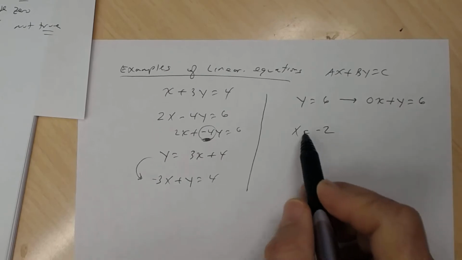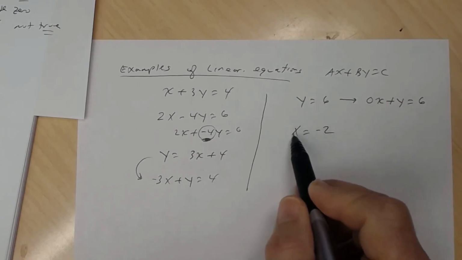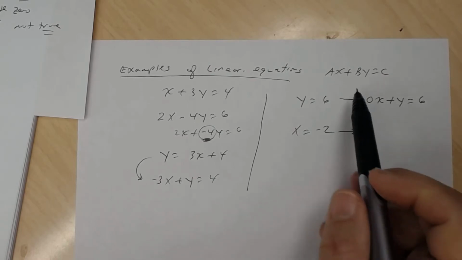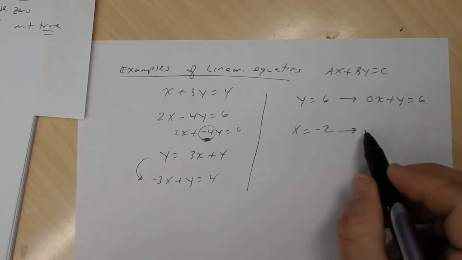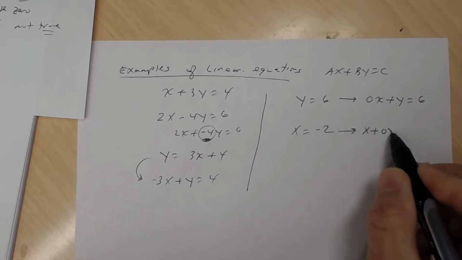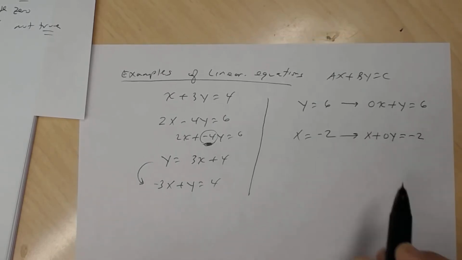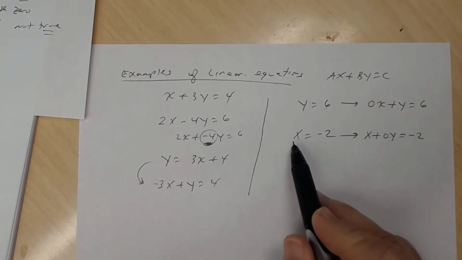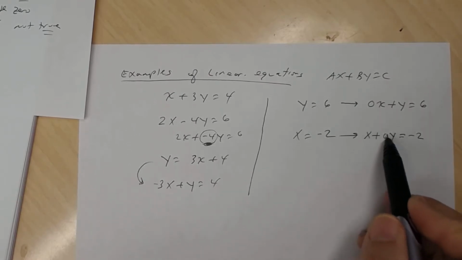Same thing here. The variable that's missing is y. Knowing that we can have either a or b being 0, I can rewrite this as x plus 0 times y equals negative 2, because 0 times y is 0 and 0 plus x is x. So a is 1, b is 0.